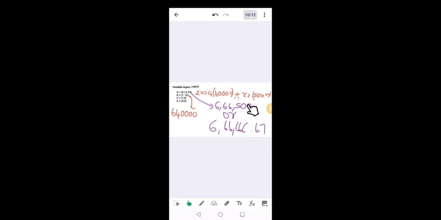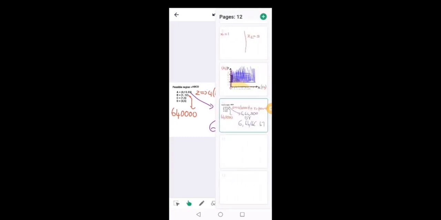Whether it is this or this, it is greater than what I'm getting in case of B. That's why my optimal solution will be this, that is 0, 13.33, where x1 is equal to 0. So your final solution is that x1 is equal to 0 and x2 is equal to 13.33.